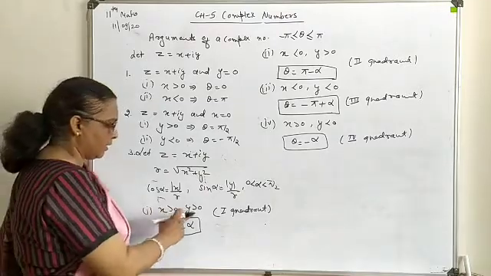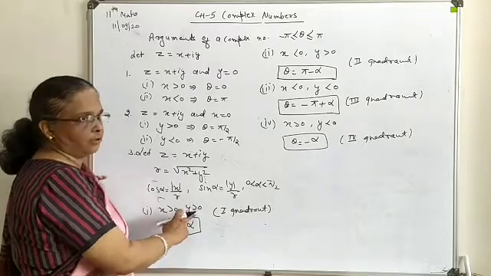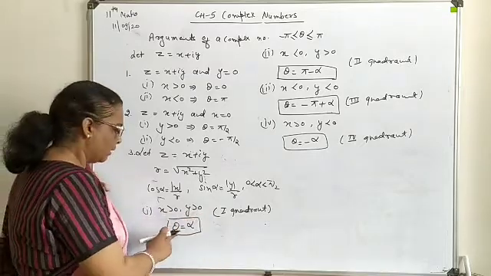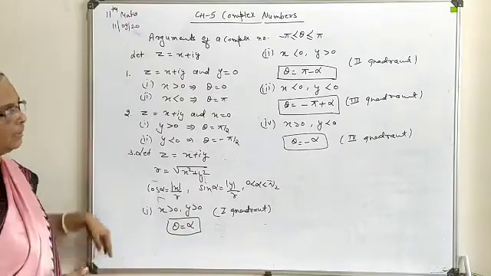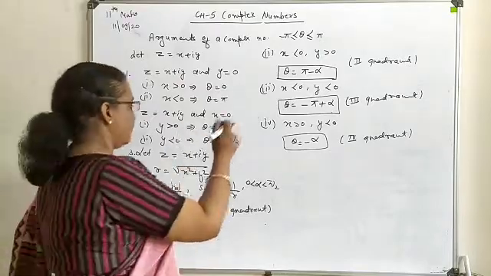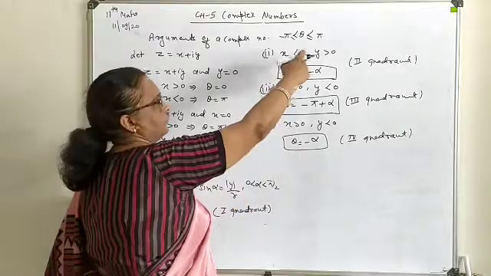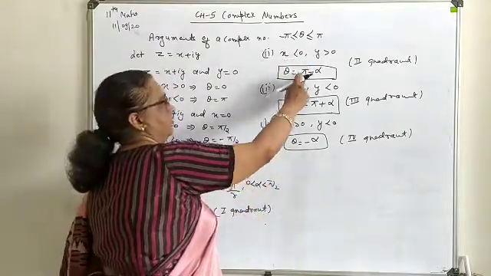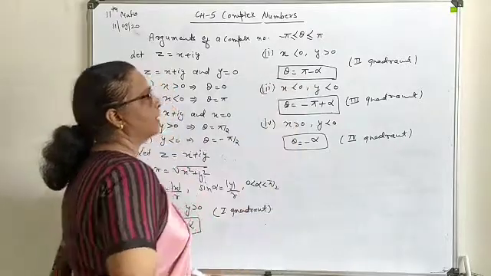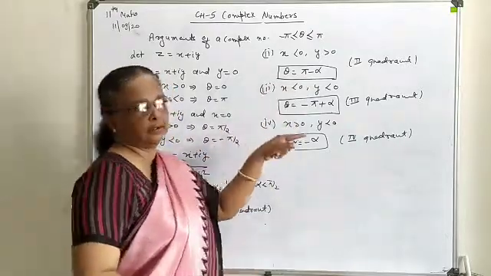If x is greater than 0 and y is greater than 0, you are in the first quadrant, and theta you will replace by alpha itself, meaning both the angles are the same. Secondly, if x is negative and y is positive, you are in the second quadrant, so theta you will have as pi minus alpha. If both are negative, you are in the third quadrant.